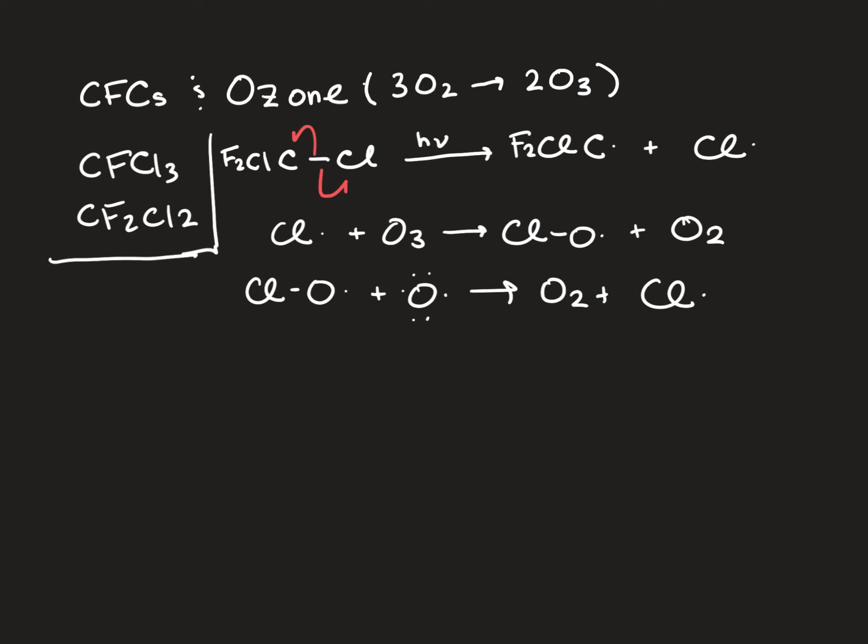In terms of refrigerants, we've replaced CFCs with HFCs, which are hydrofluorocarbons. That would be something like C2H2F4. These have very similar properties. They don't have these carbon-chlorine bonds, which are the ones that are affected by UV radiation. However, these compounds are incredibly potent greenhouse gases, significantly more than carbon dioxide.